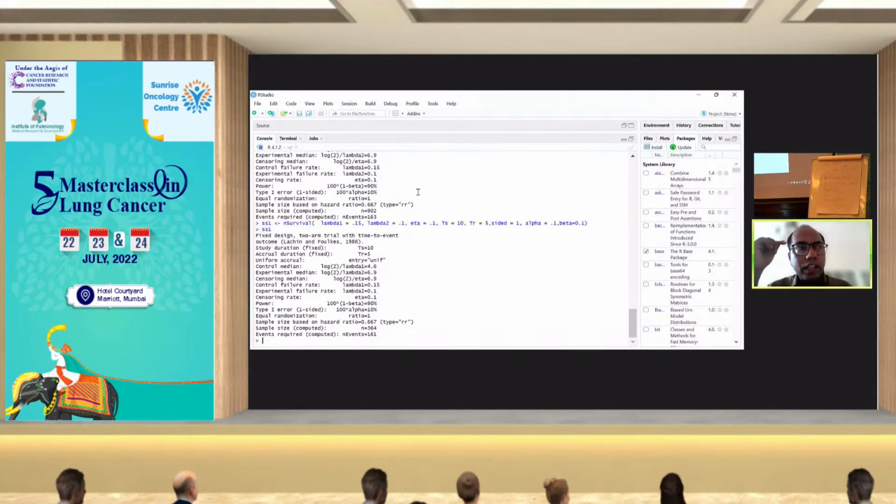But in oncology, this is the unique scenario where our sample size unit, that is the patient, their number changes over time because they are going to face death over time. So not only the number of individuals, along with that their follow-up duration is also important here.